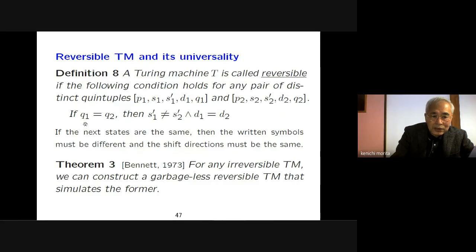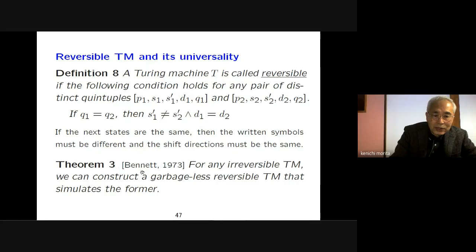Namely, if the next states Q1 and Q2 are the same, then the written symbols S1 prime and S2 prime are different, and the shift directions must be the same. Such a Turing machine is called reversible. Okay.